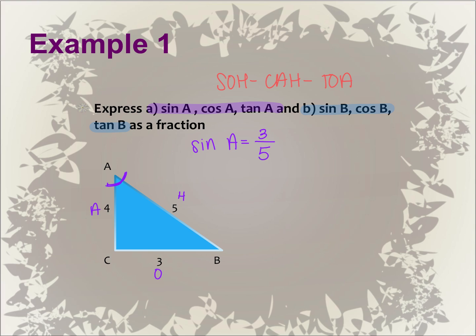Okay, now looking at my cosine A. Cosine is adjacent over hypotenuse, so what's my adjacent side according to angle A? Anybody, what's the measure? 4 over 5. Good.